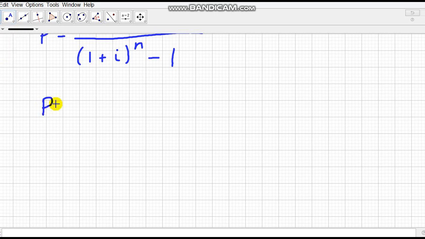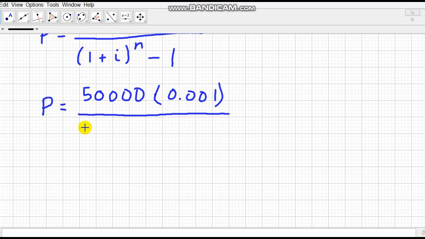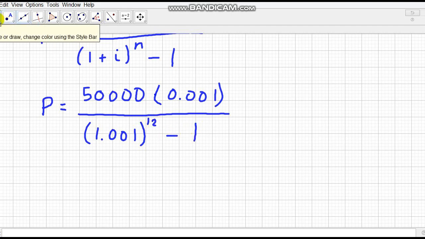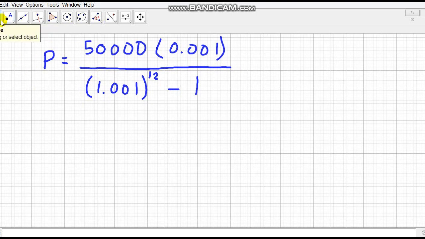So the periodic payment is equal to 50,000 times 0.001, that is our interest, all over 1 plus 0.001, which would be equal to 1.001. I added 1 immediately, and n is 12, minus 1.